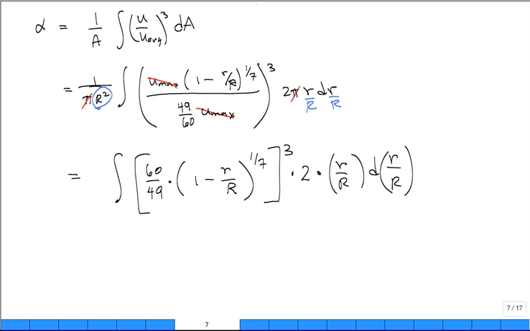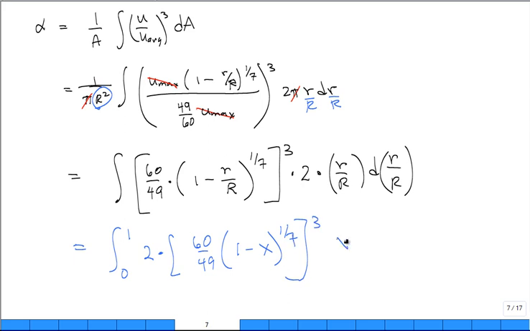So we do the integral from 0 to 1, 2 times 60 over 49, (1 minus x)^(1/7) to the third times x dx. That's what alpha is.